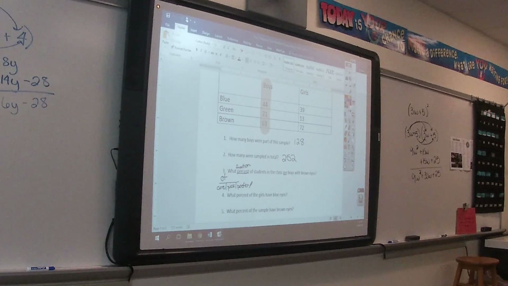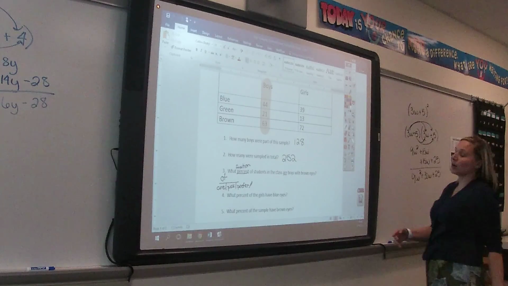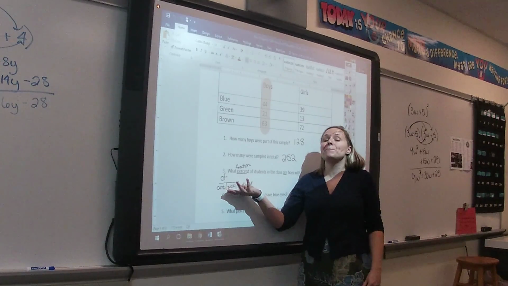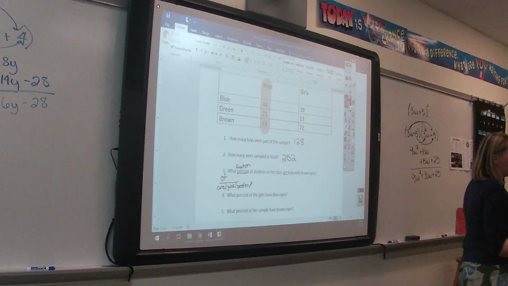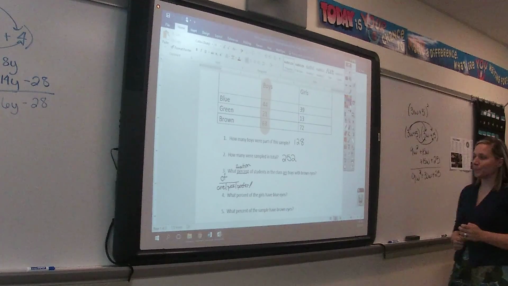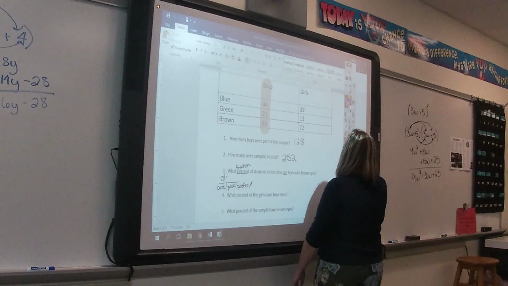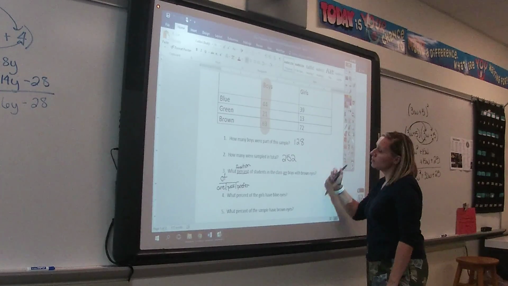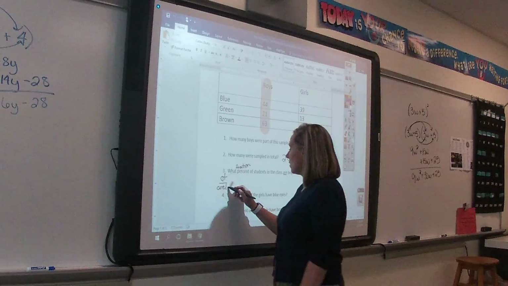Depending on what we're surveying, it depends on what sort of action we might see here. So what students picked this, preferred this, are this, have this. Whatever follows that word goes on the bottom of the fraction. Oh, I just did that backwards. I do this every time. These go flip-flop, guys.